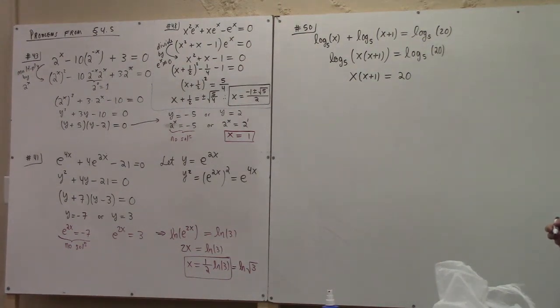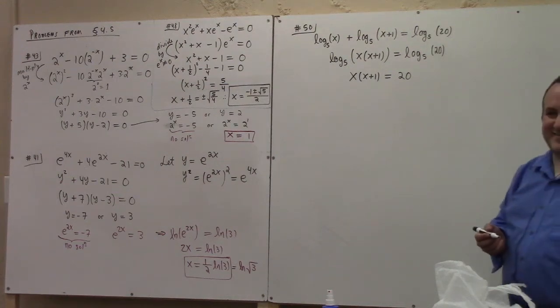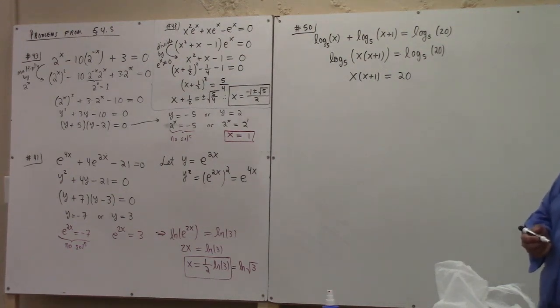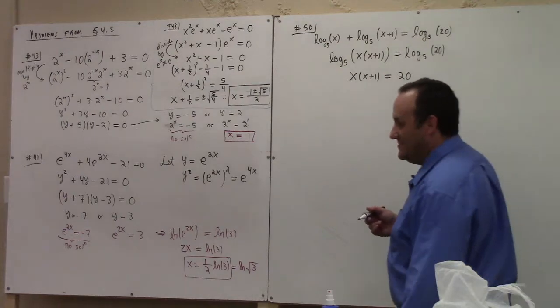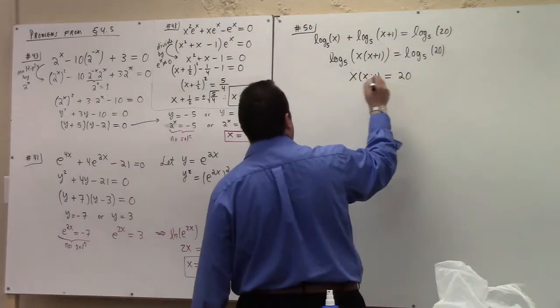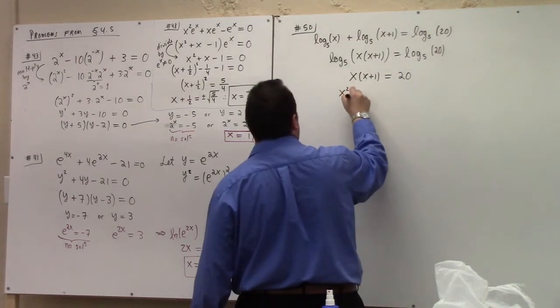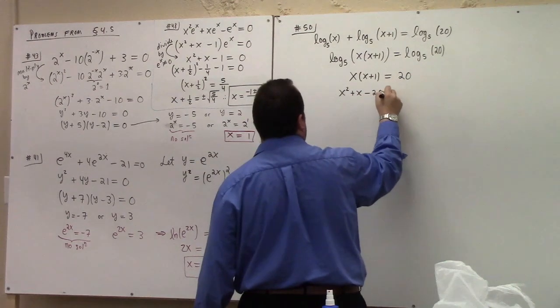So the solutions are 4 and 5. Wait a minute, no. Well, 4 is the solution. Anyway, we shouldn't guess, right? How do we solve a quadratic equation? How about x squared plus x minus 20 equal to 0, right?